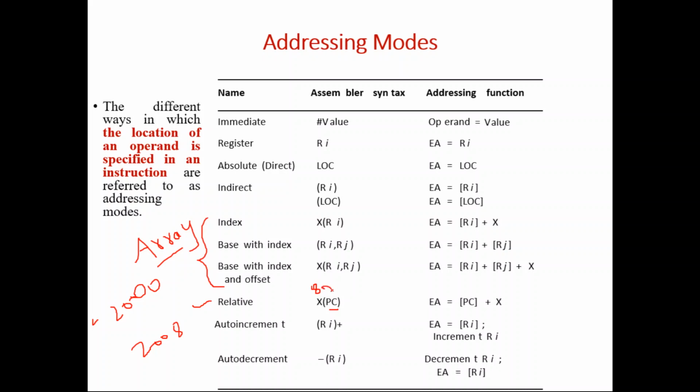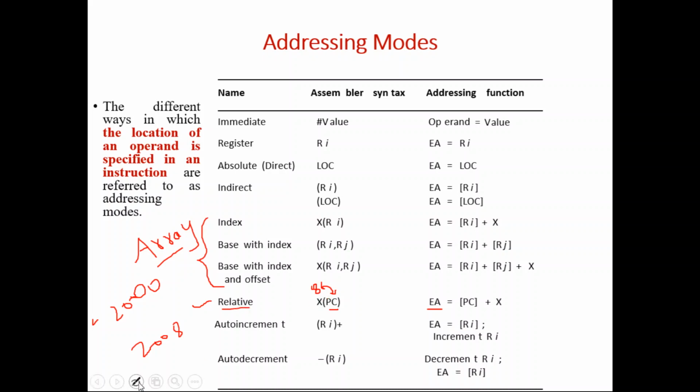It will be added to the content of the program counter. Program counter is 2000, x is 8, so 2000 plus 8 is 2008. So the effective address will be calculated like that, then the instruction at location 2008 will be executed. So you are executing an instruction which is relative to the content of the program counter. This is called relative addressing mode.